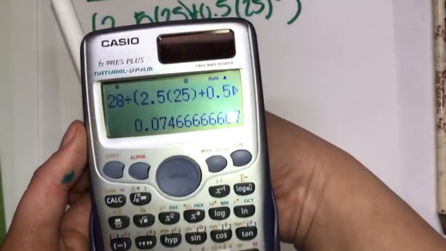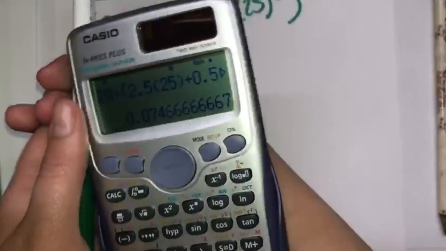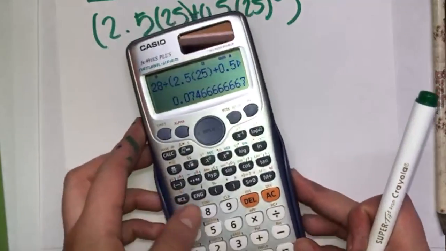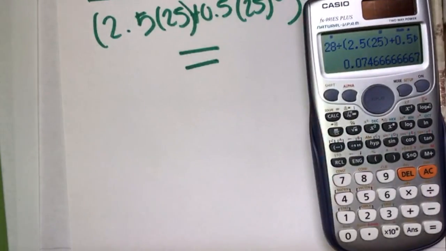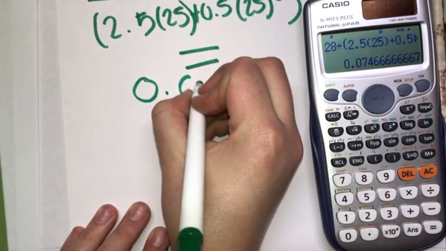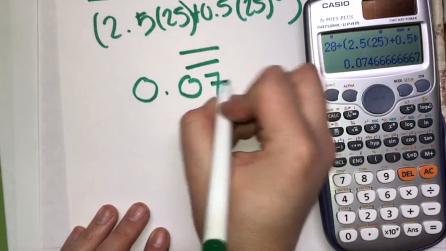Is the same as 0.0746666. So we're gonna round up to 0.075.